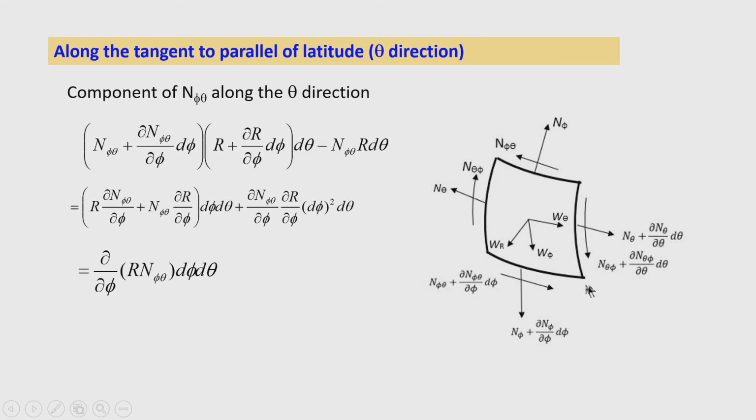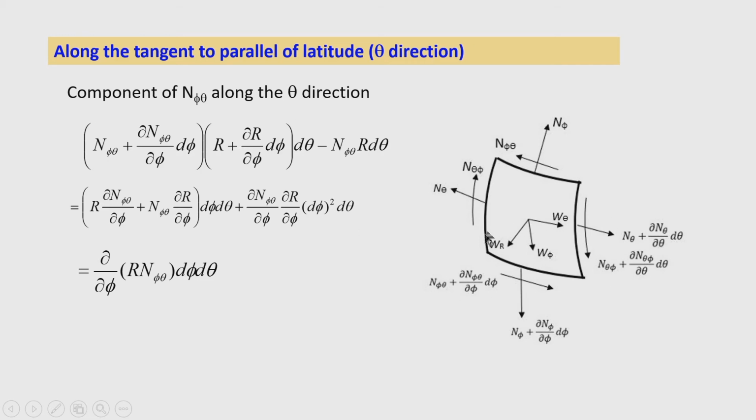Then the length of this arc is r plus dr, into d theta, because the radius here is r, but here the radius has changed; the radius is variable with phi, as is clear from the diagram shown earlier. Therefore, the radius here will be r plus del r by del phi into d phi. So, the arc length of this edge will be r plus del r by del phi into d phi, into d theta.